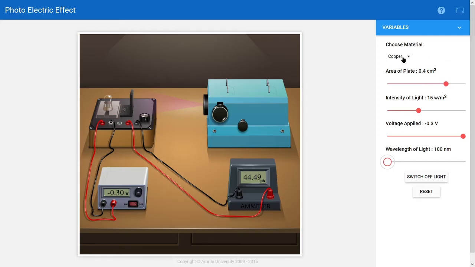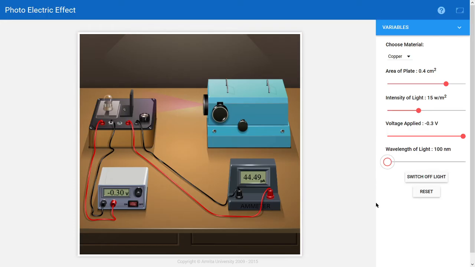We don't need to change 1, 2, 3 right now. We will change only this wavelength value, and we will change it 5 times.